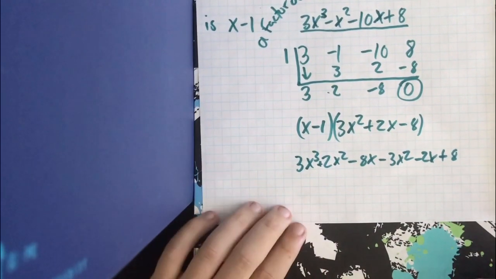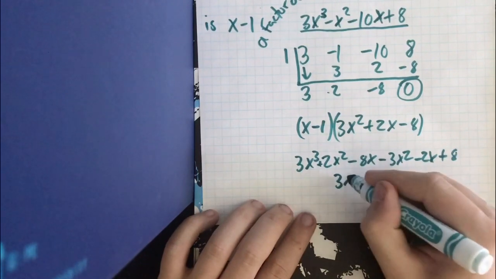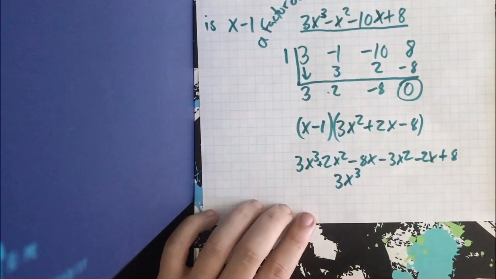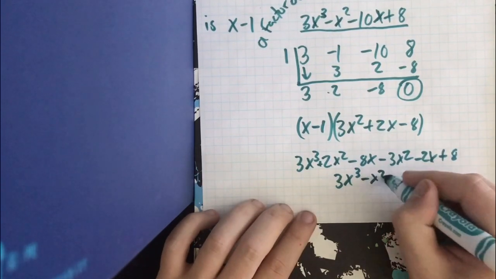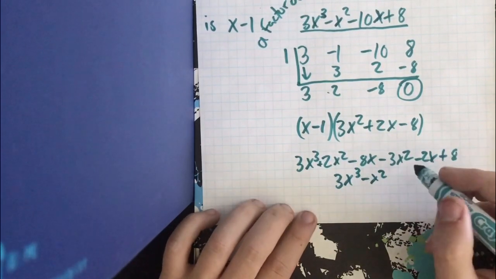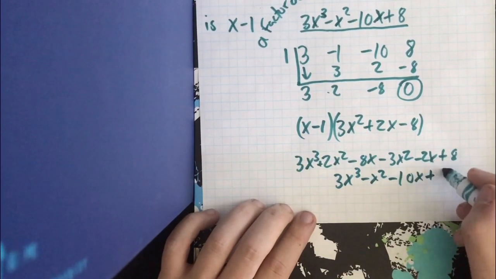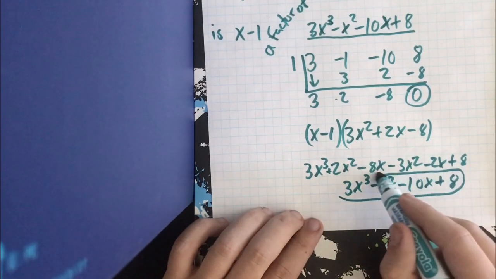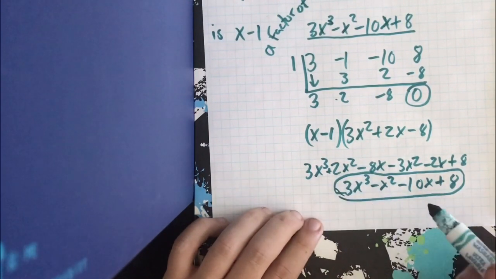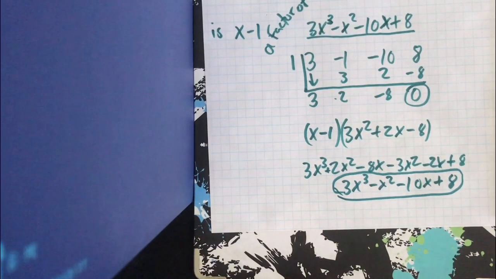And then you combine like terms. So we have 3x cubed, 2x squared and negative 3x squared, that is minus x squared. Negative 8x and negative 2x, that is minus 10x. And then positive 8 is plus 8. And there you go. You are back at the same equation that we started with. And that is the factor theorem.